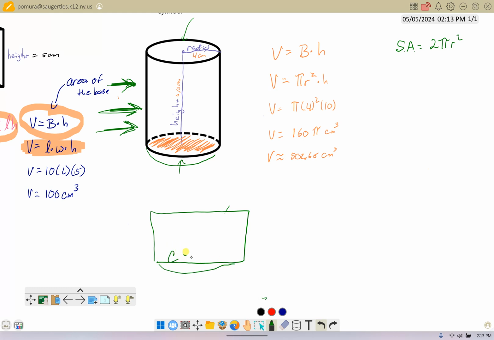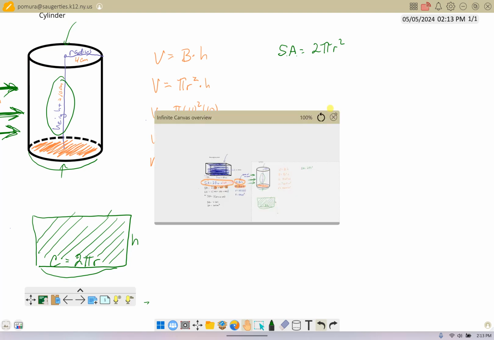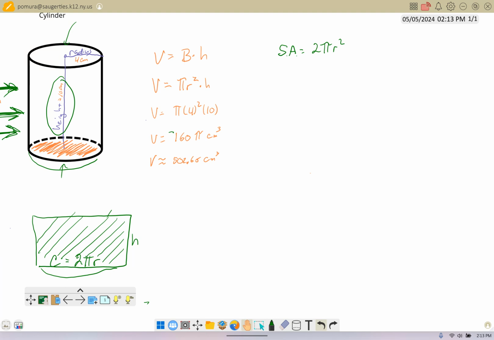Well, remember, the circumference is equal to 2 pi r. And what we still have is the height. So the area of the actual cylinder, not the top or the bottom, is going to be a rectangle, but it's 2 pi r times the height. If you can't remember that, so 2 pi r h, that's how you can kind of extract it.